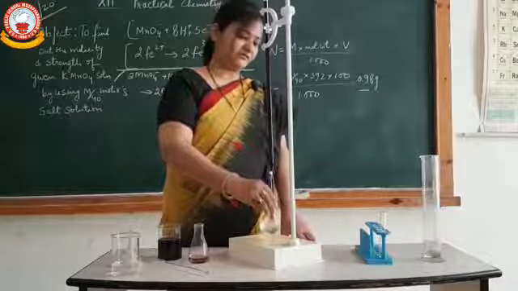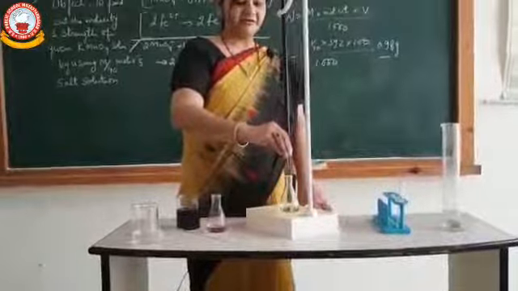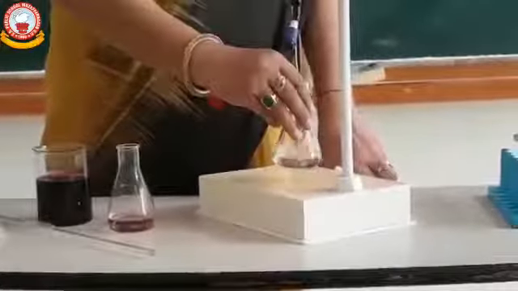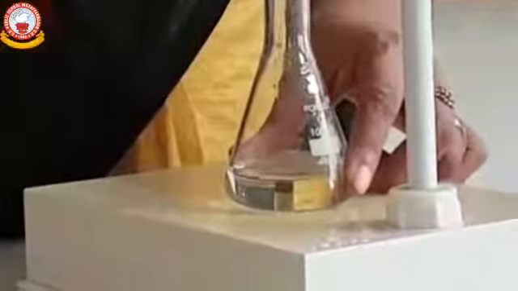You can observe that the pink color is disappearing. It shows that the reaction is not yet completed, and you will continue to add more KMnO4 from the burette and wait till the pink color persists.